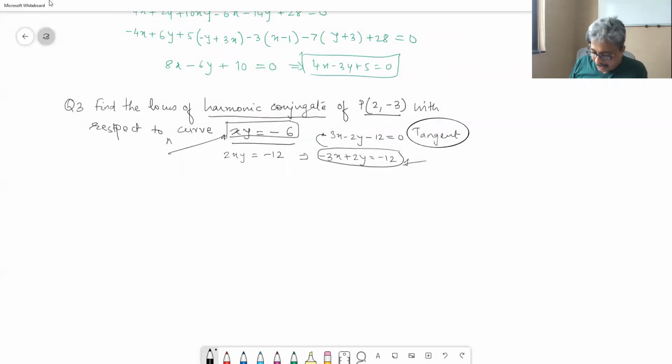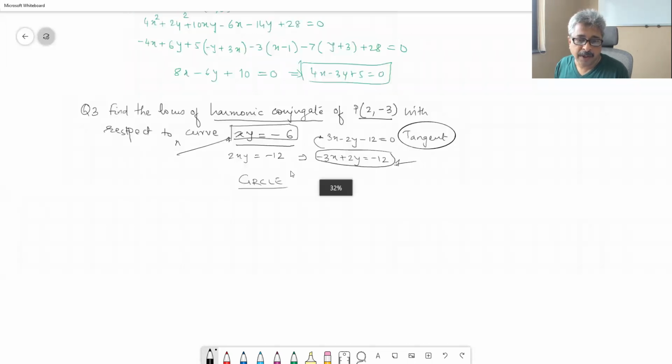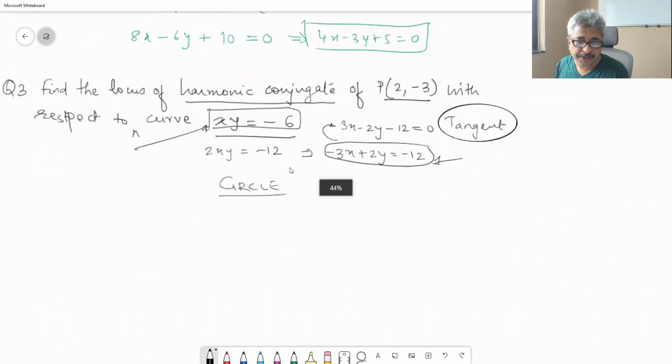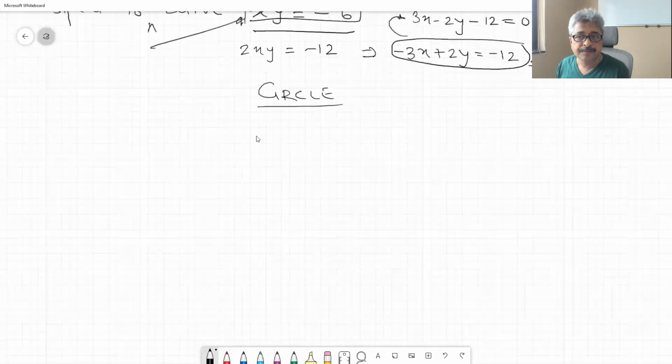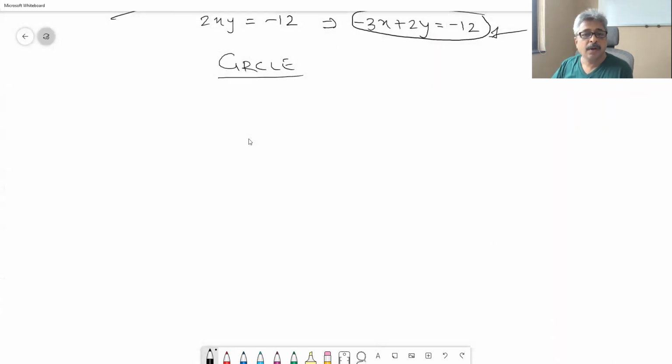Okay, let us go back and start discussing the circle again. Let us write the standard circle. x square plus y square is equal to a square is a circle.